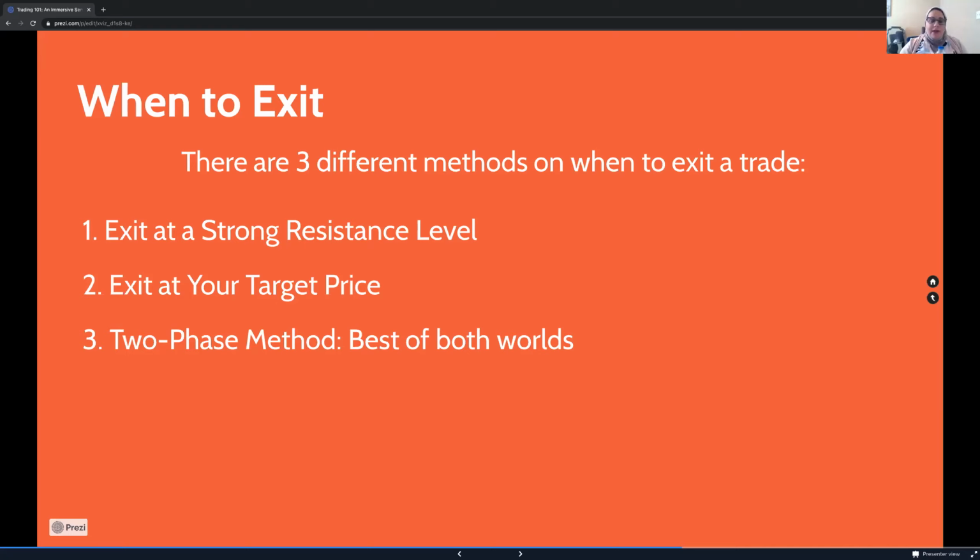So the two-phase method means that you are not going to sell everything at one time, right? Let's say I bought 100 shares of Southwest Airlines, and I set a target price. When it reaches this target, not resistance, it's my personal goal of how much money to make, a 3% return or $100 return, I'm going to sell half of the shares.